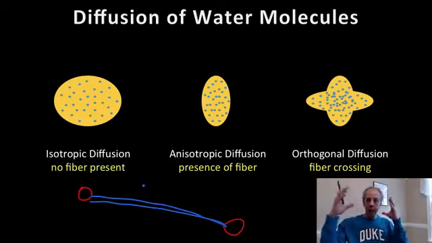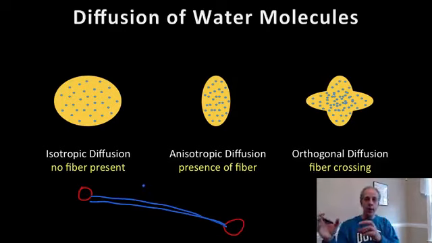Now, we have water, and what diffusion-weighted imaging is trying to do is measure the water diffusion in the brain. Now, assume that I try to make water go through the bundle in this direction. Because the bundle is there, water will have a challenge to move in that direction.